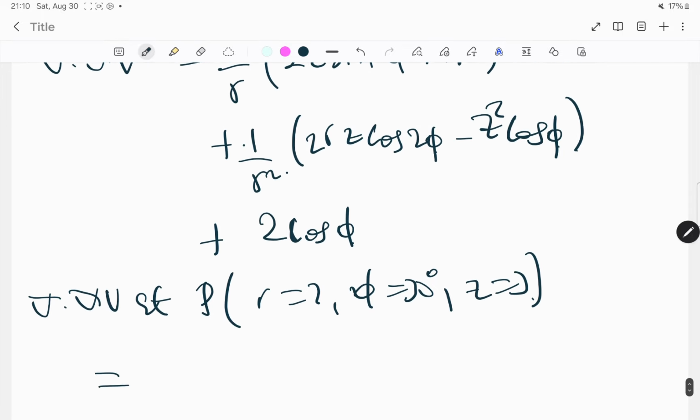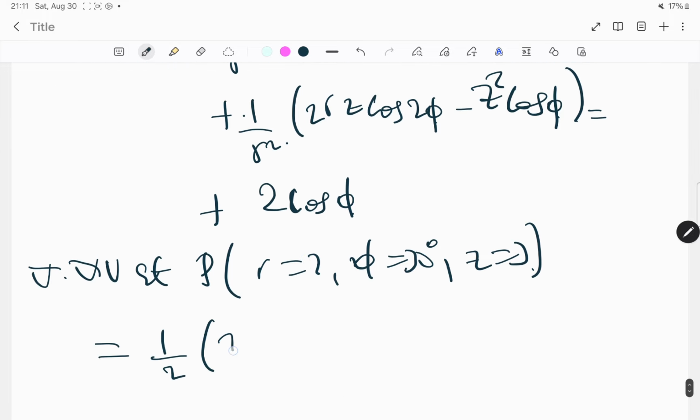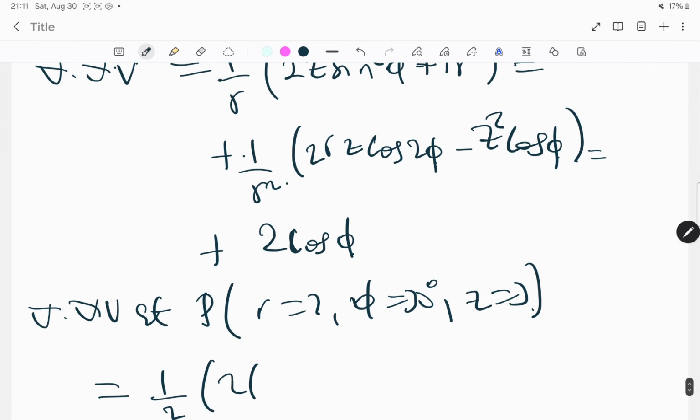So you just come and replace. I have 1 over 2. So there's 2. Z is what, 3. Sine of this phi, which is 30. Then we have the next one, which is plus 9, 2 square, right?